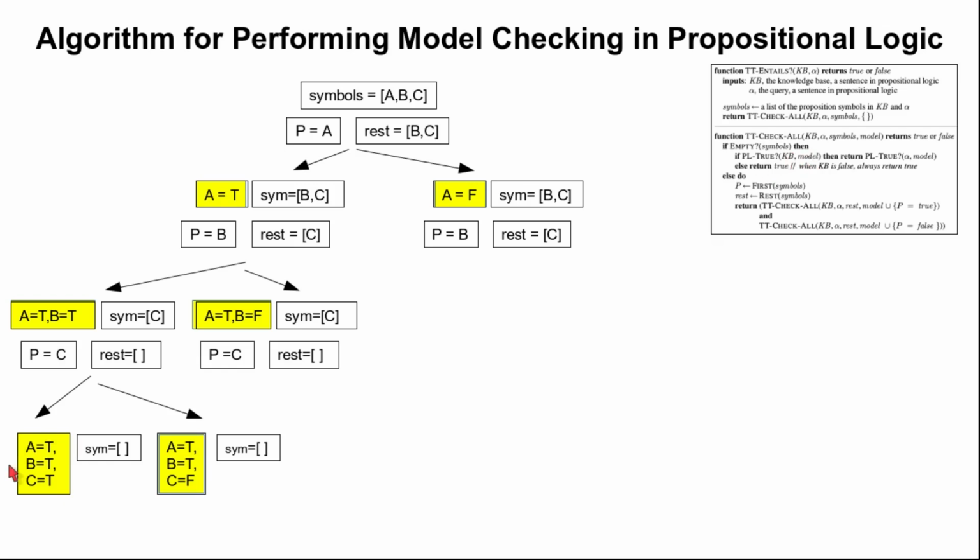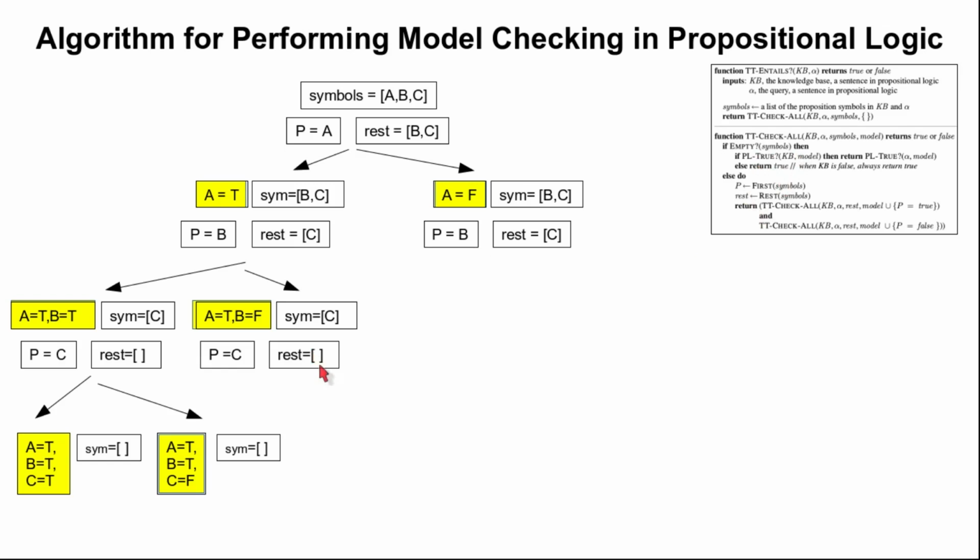So this is our model. The model is A equal to true, B equal to true, C equal to true. So in this model, we will evaluate our knowledge base. That's the meaning of this function, PL true.